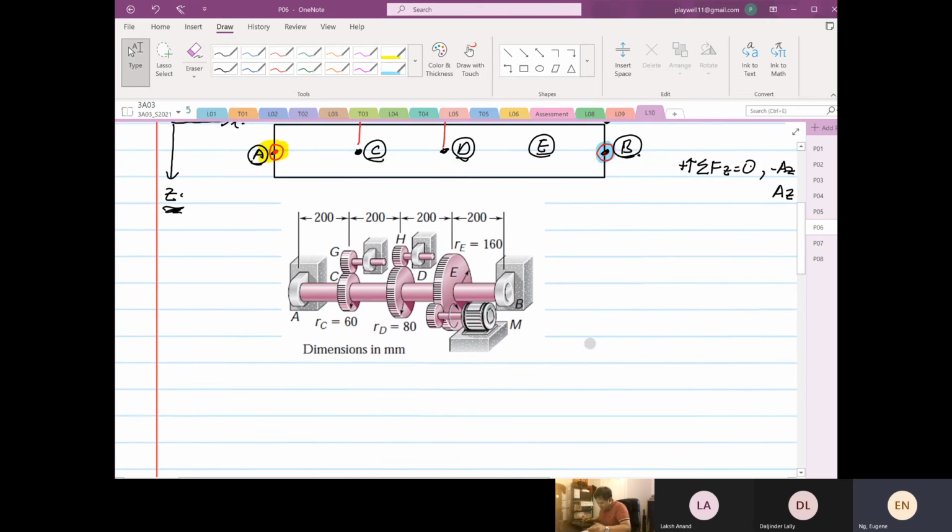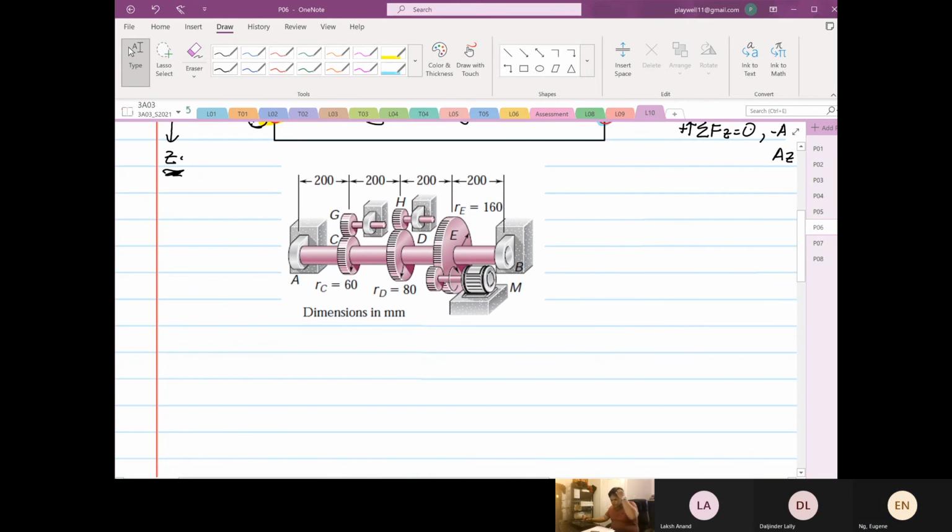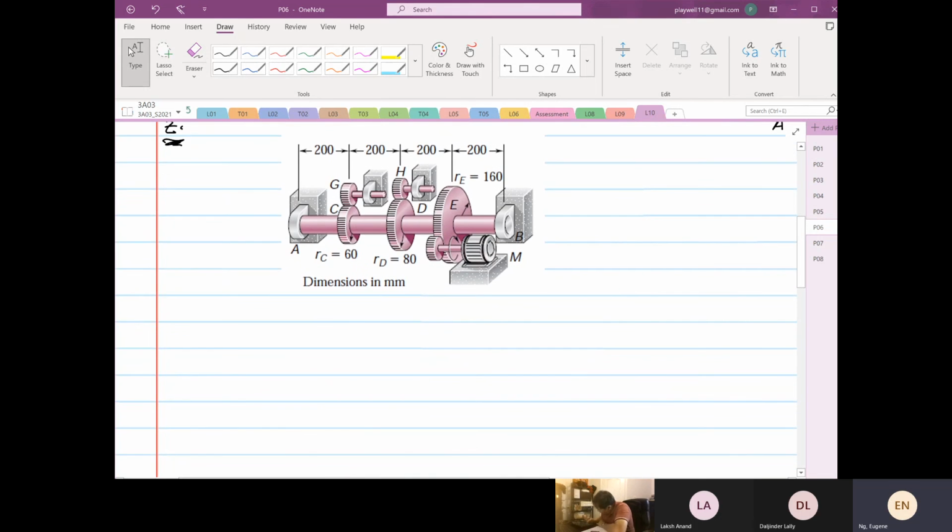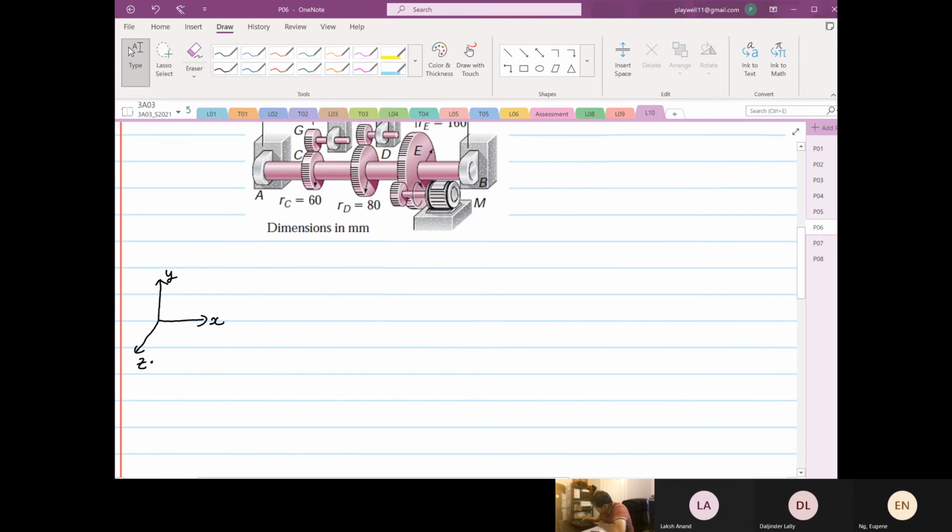Now if I were to draw, just focus on the shaft. So this is my X, Y, and Z. This is our shaft.